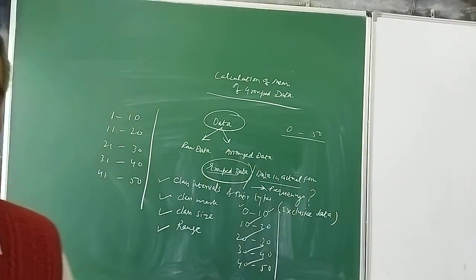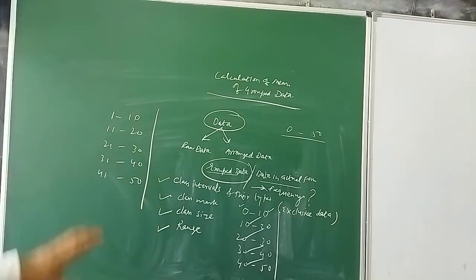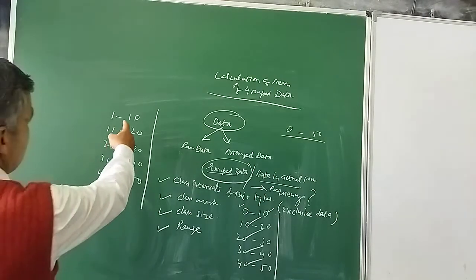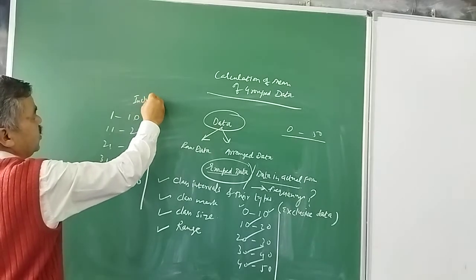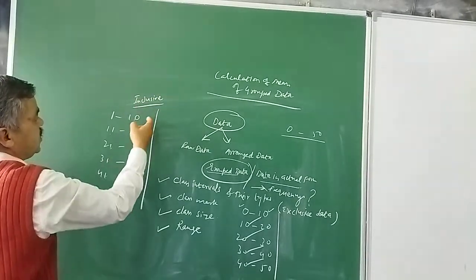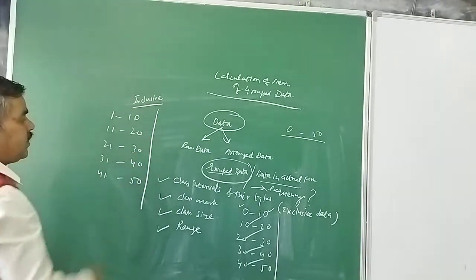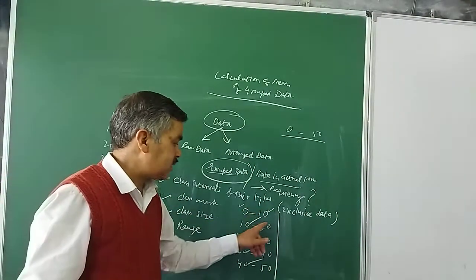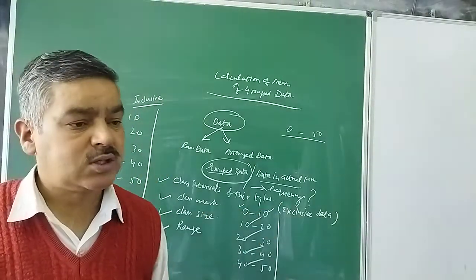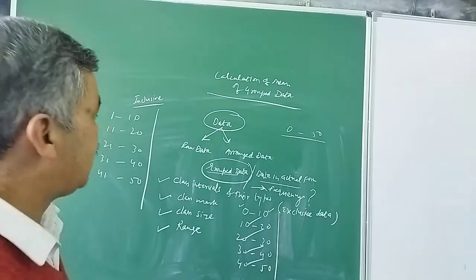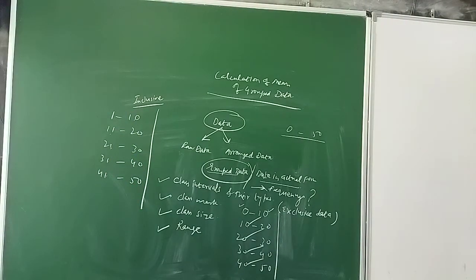This data is called inclusive data, because now 10 will be included, as 10 is nowhere in the next class interval. This is the inclusive form. When it is countable here, it is called inclusive data. When it is not considered here and is part of the next class interval, it is called exclusive data. So this is the difference between the two.